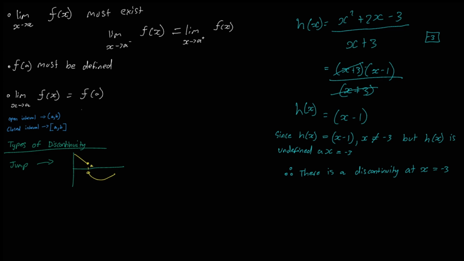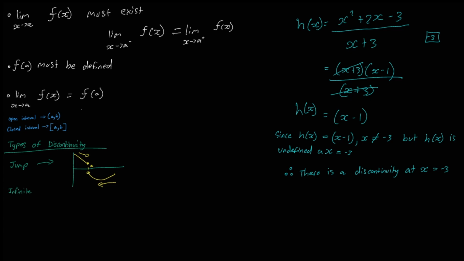We can see that there's a gap between our point coming in from the left hand side and our point coming in from the right hand side. Meaning you could not travel across our yellow line from the right all the way to the left, nor from the left all across to the right, without having to pass over a break. So that would be our jump discontinuity.